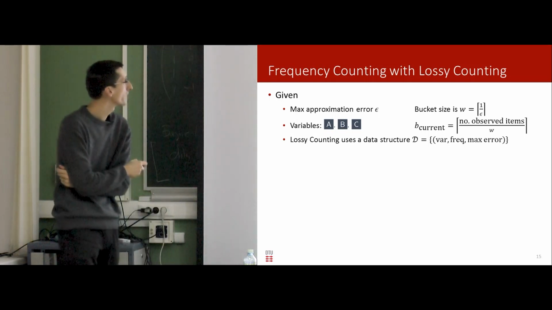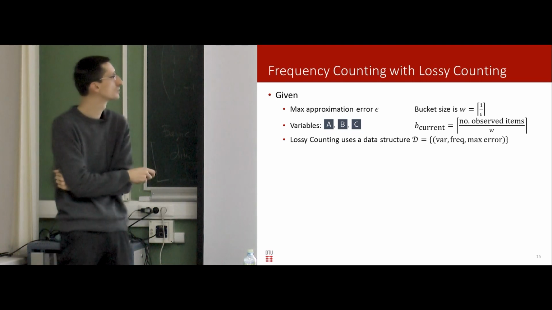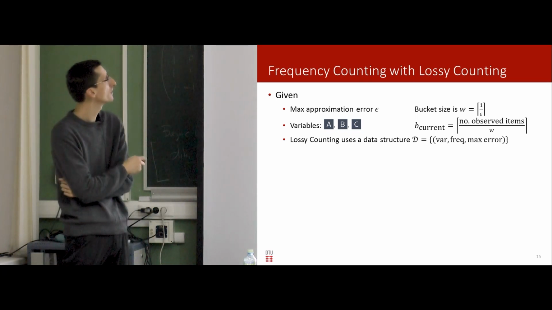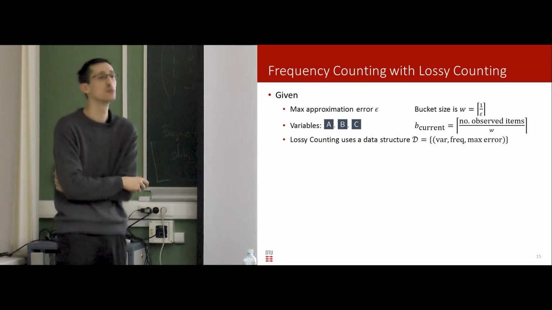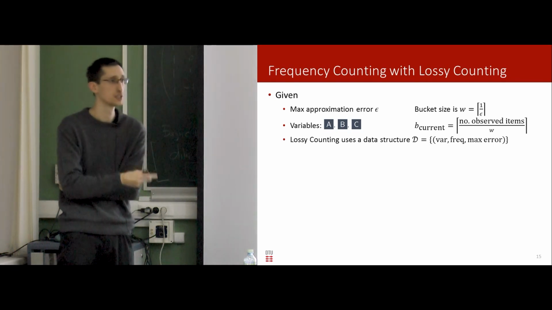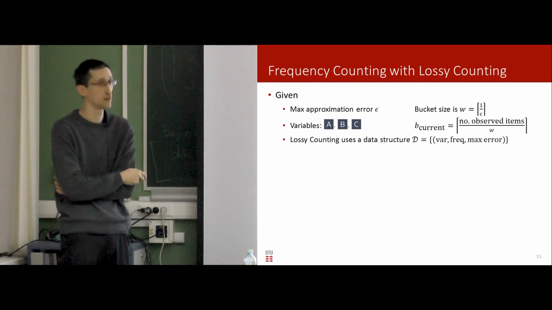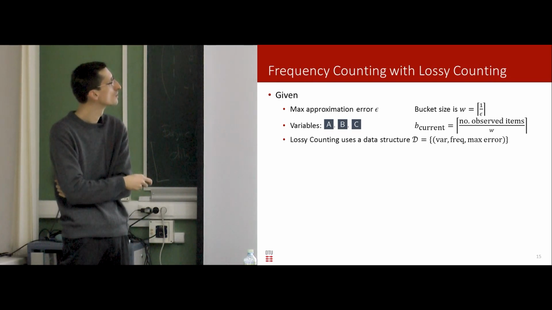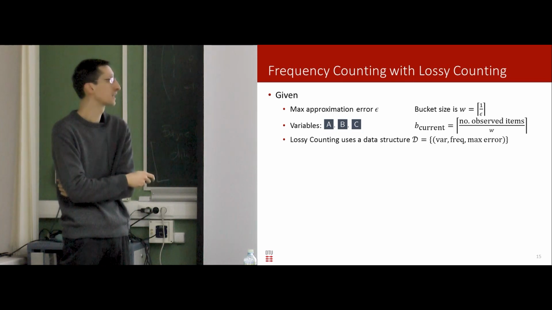So we have these variables that we want to count, and the lossy counting algorithm also has as parameter the maximum approximation error that we are willing to accept in counting the frequencies of those variables. Then it calculates this virtual bucket size, which is computed out of the maximum approximation error. So this W is 1 over epsilon.